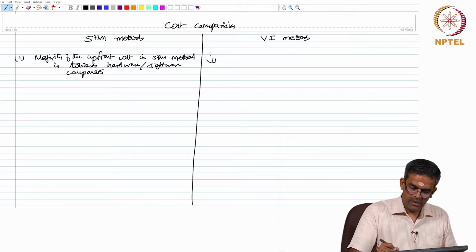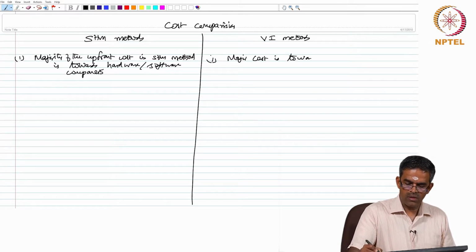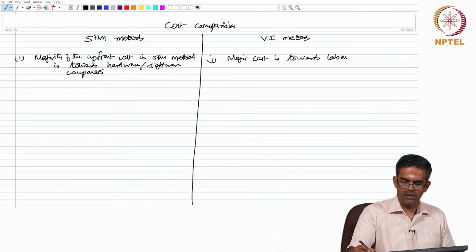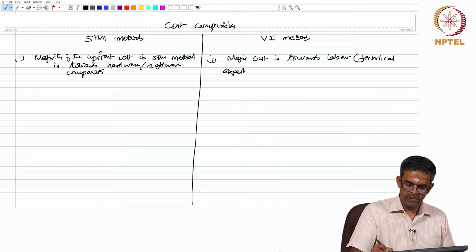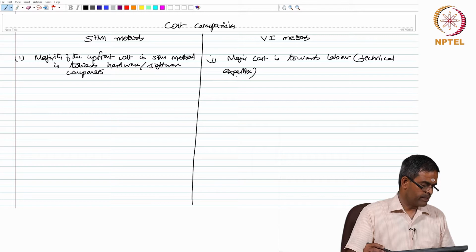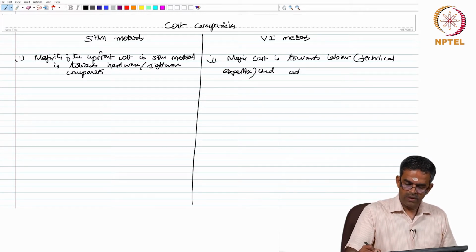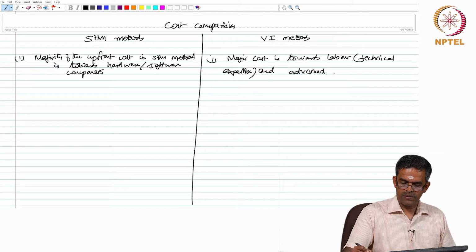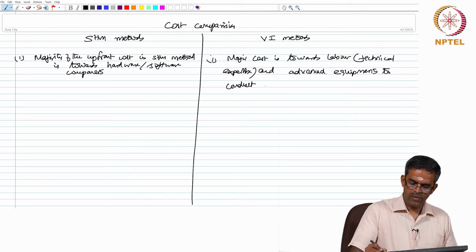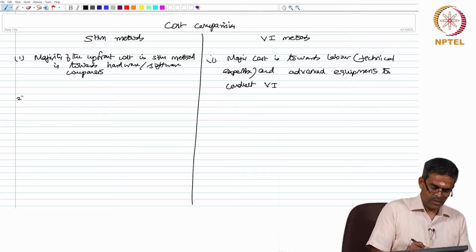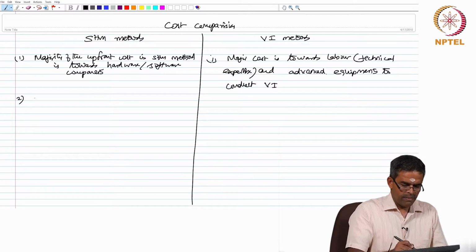In this case, the major cost is towards labor, I should say even technical expertise of the labor, and use of advanced equipment to conduct visual inspection. The second issue here is maintenance cost.